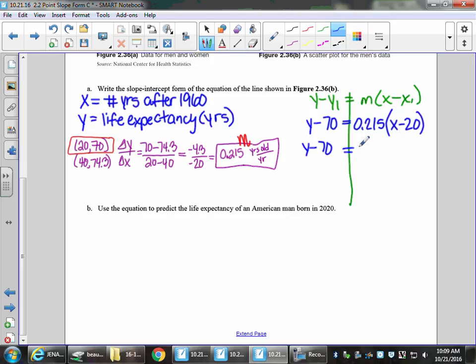What did you guys get when you distributed 0.215? Minus 4.3? And then to finish this, what do we add to both sides? 70. Plus 70 plus 70.